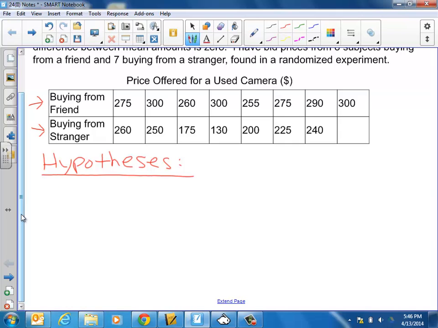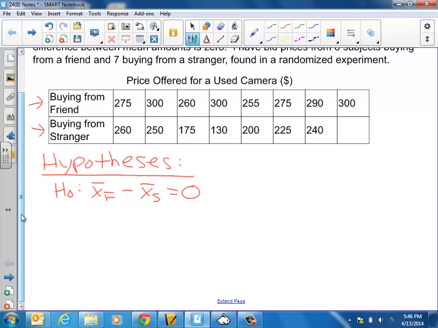So we are not going to say the following. H naught is that X bar for the friends, the mean price that a used camera is sold at to a friend, minus the mean price that a used camera would be sold at to a stranger is equal to 0.